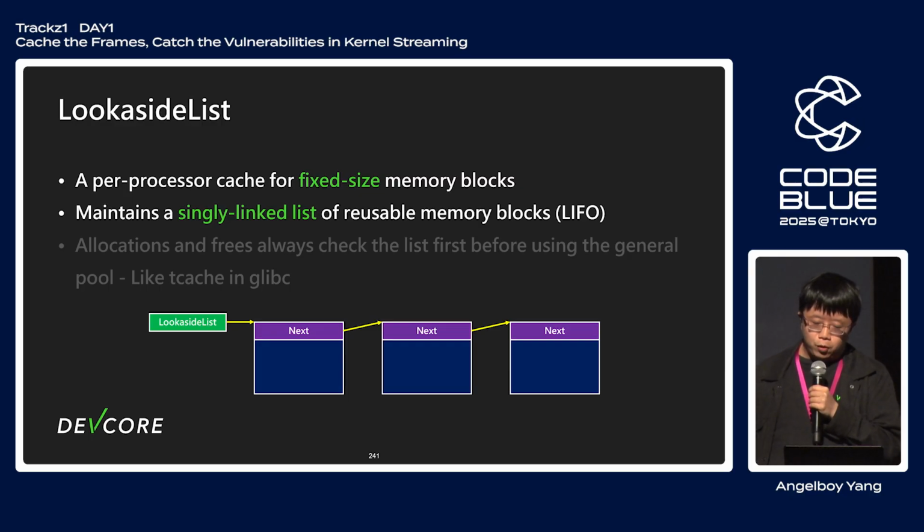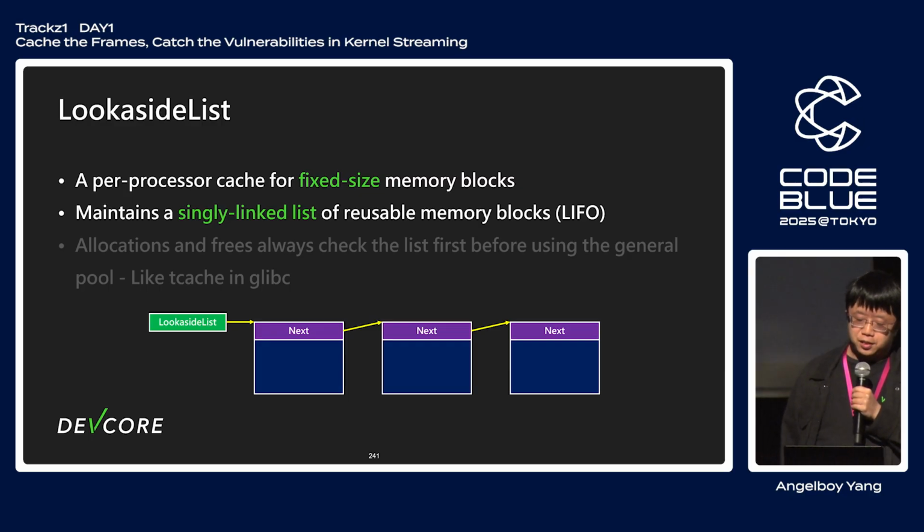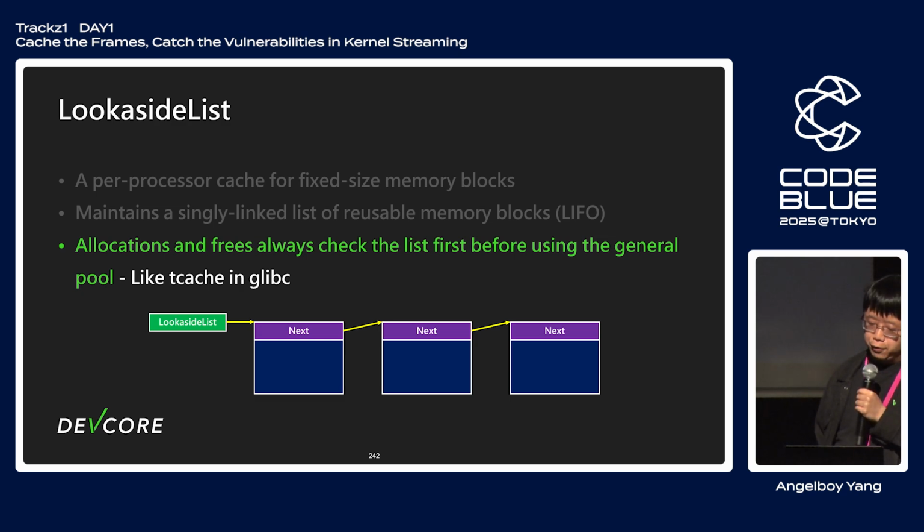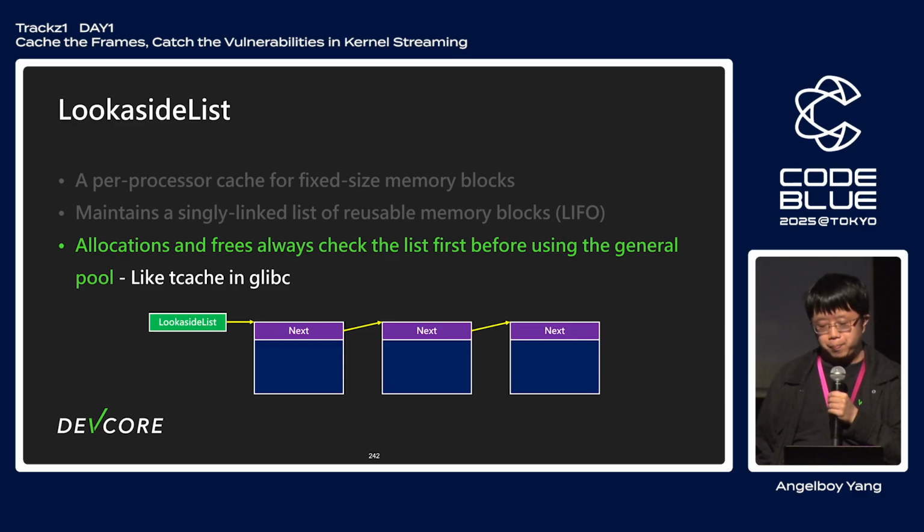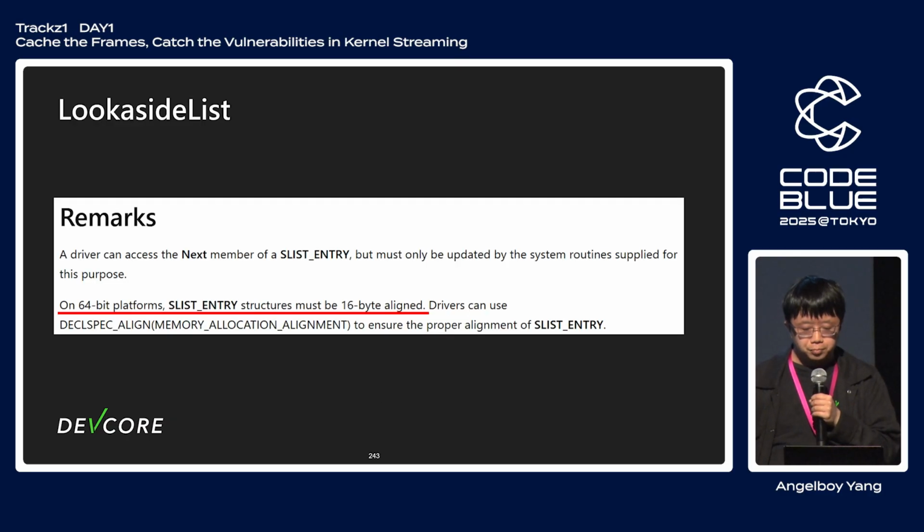It uses a simple singly linked list. Allocation and free always check the list first before using the general pool. That means when we allocate a frame buffer, it will be taken from the list. And when we release a frame buffer, it will be inserted back into the list.